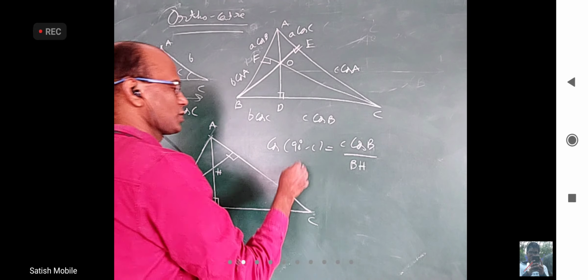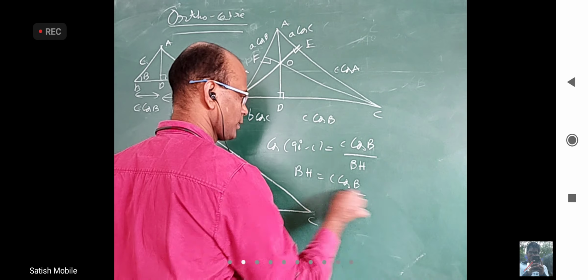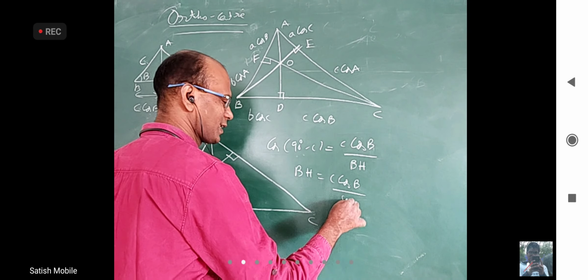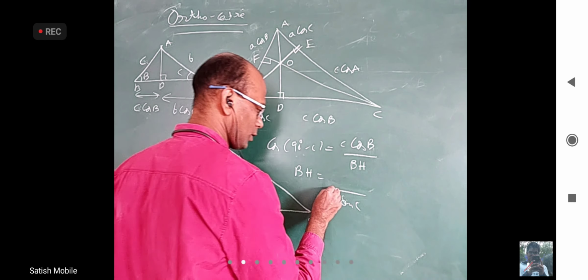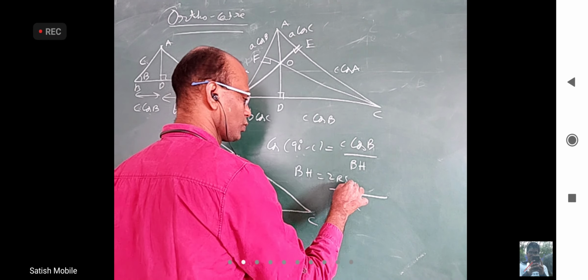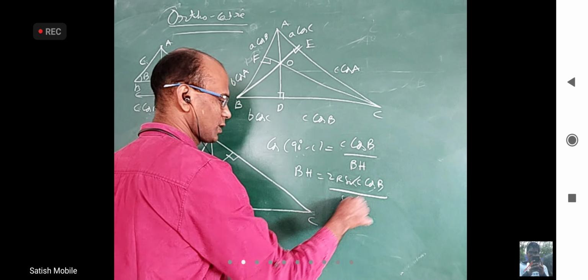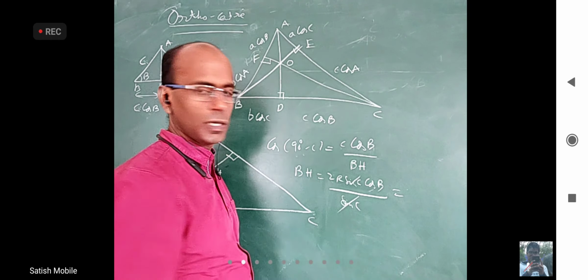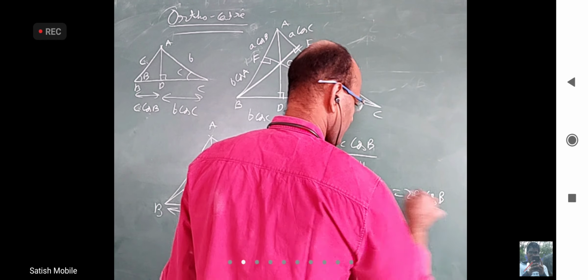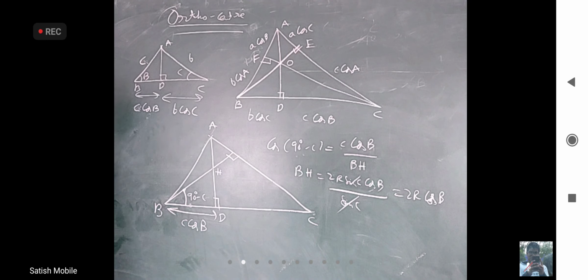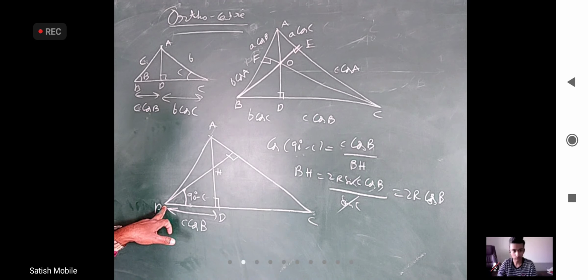So when you bring this here, you will get BH is equal to C cos B by cos of 90 minus C, which is sin C, and the small c I can write as 2r sin C into cos B. Sin C and sin C will cancel. You will get 2r cos B. Okay, so from orthocenter to vertex B, the length is 2r cos B.